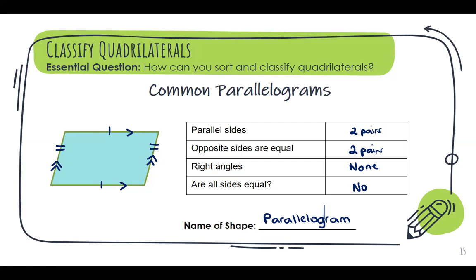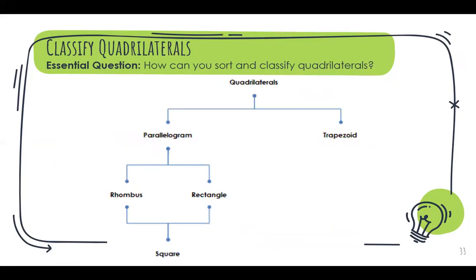If you have four-sided figures with two pairs of parallel sides and two pairs of opposite sides that are equal, but no right angles and all the sides are equal, that's what we call a rhombus. Combining those special properties of four right angles and all sides equal, that's what we have for a square.